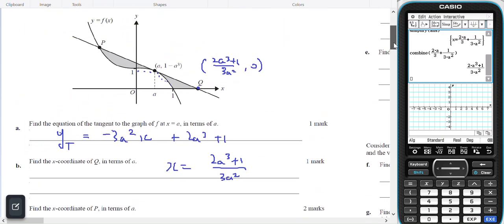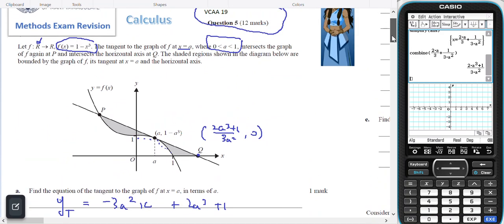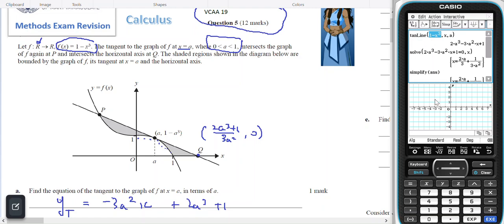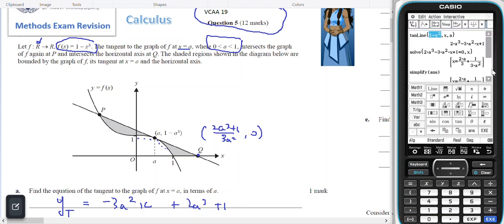And find the x-coordinate of point P. Okay, so I'd like to find the intersection point between this line, copy, paste, equals my tangent line, which is this line here, copy, paste, solve for x.